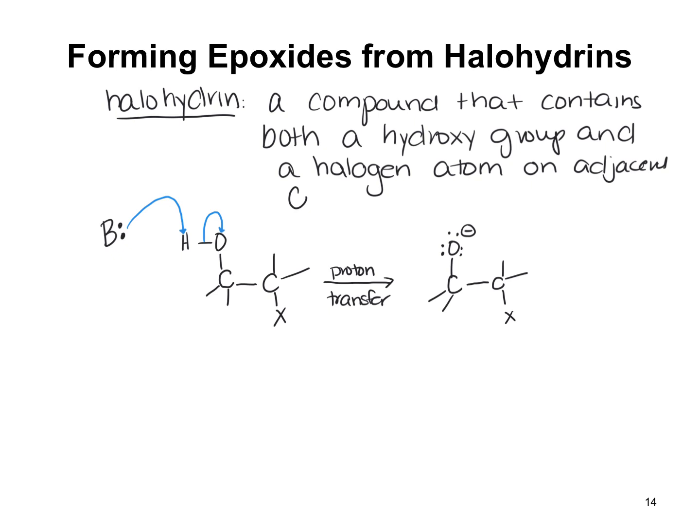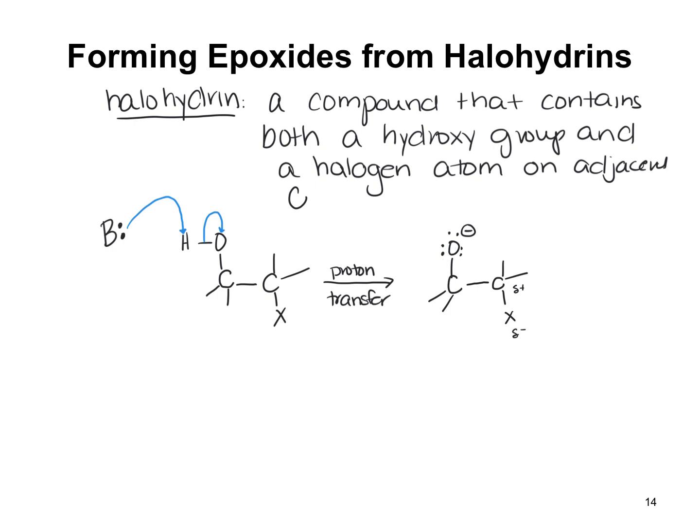So that means it's going to come down and attack the partially positive carbon that's attached to this halogen, because the halogen is withdrawing electron density. That makes this partially positive. This acts as a nucleophile.